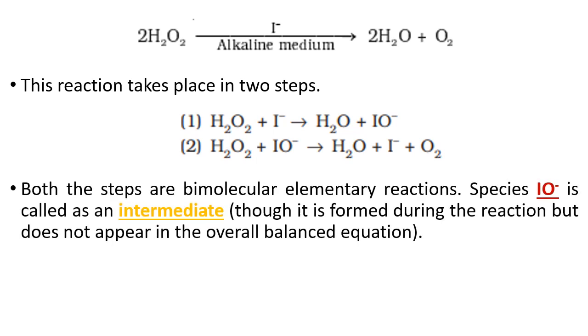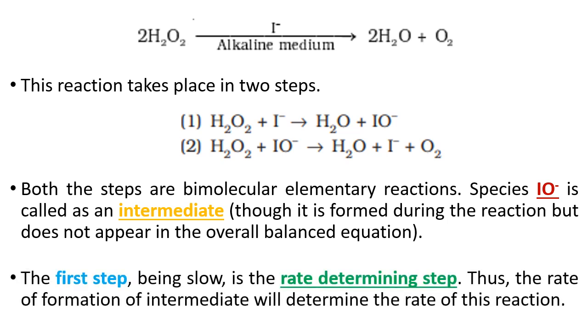Both the steps are bimolecular elementary reactions, but the species IO minus is called intermediate, though it is formed in a chemical reaction but does not appear in the overall balanced equation. The first step being slow, it is the rate determining step. Thus, the rate of formation of intermediate will determine the rate of this reaction.